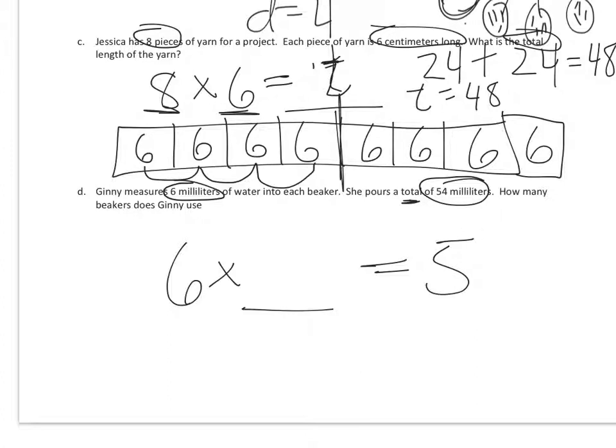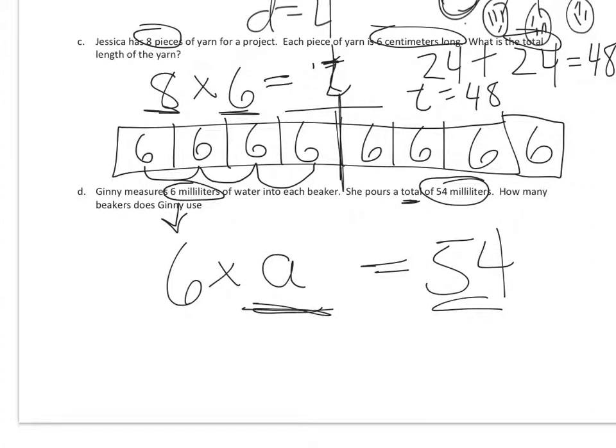That's our total. And we got the 6 from here. So let's use the letter A. 6 times A. A is the unknown. We do not know 6 milliliters into how many cups gives us 54 milliliters.